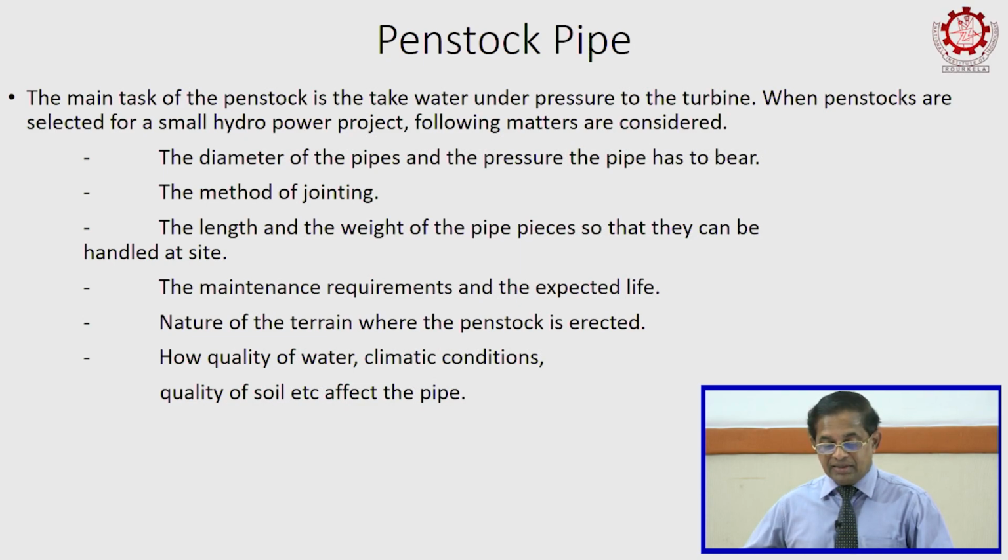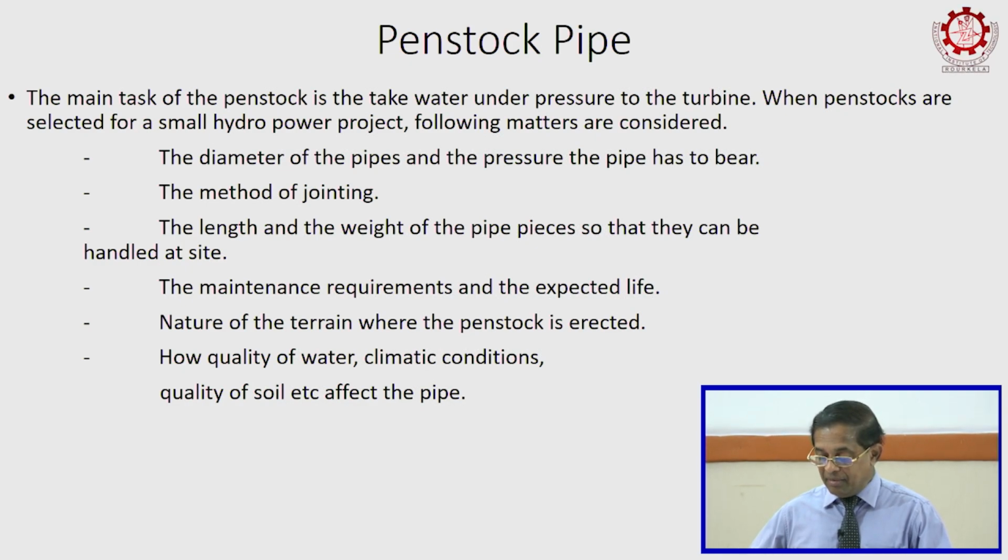When penstocks are selected for small hydropower projects, the following matters are considered: the diameter of the pipe and the pressure the pipe has to bear, the method of jointing, the length and the weight of the pipe pieces so that they can be handled at site, the maintenance requirements and the expected life, the nature of the terrain where the penstock is erected, and how quality of water, climatic conditions, quality of soil, etc. affect the pipe.